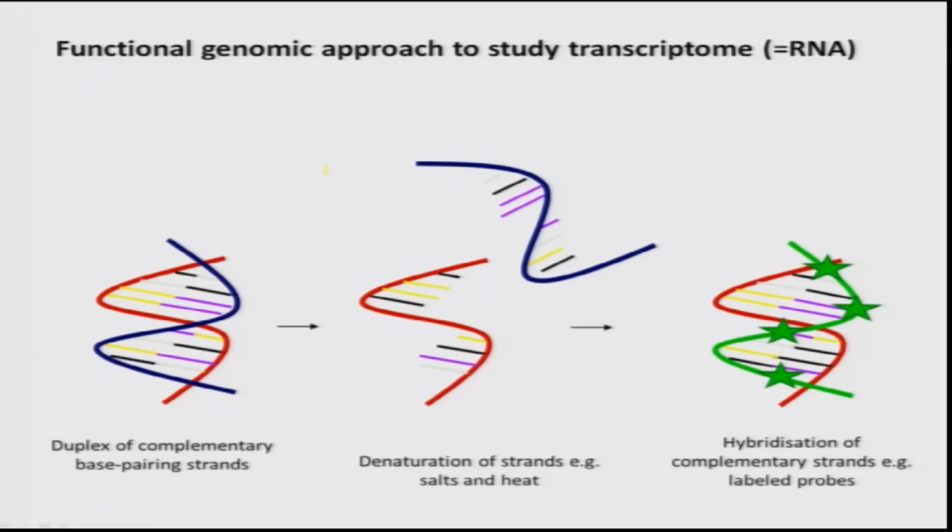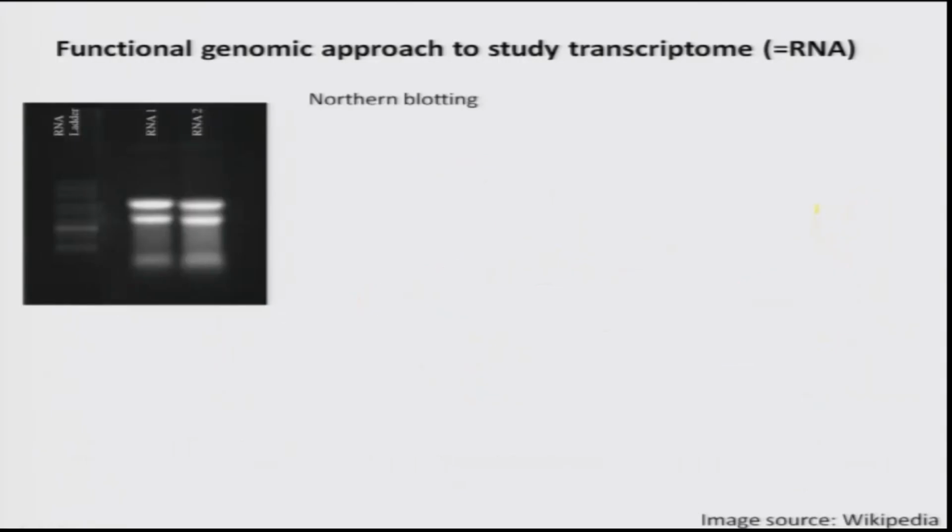So, if in the duplex, one strand is of course your RNA, the other strand is something that you are making for a given gene, and that strand has some probe, meaning ways to identify that. For example, you can add a fluorescent tag or you can put an isotope that is shown by the star here, then you are able to visualize that. Okay. So, this is the concept people have used since long to identify, understand, and quantify RNA.